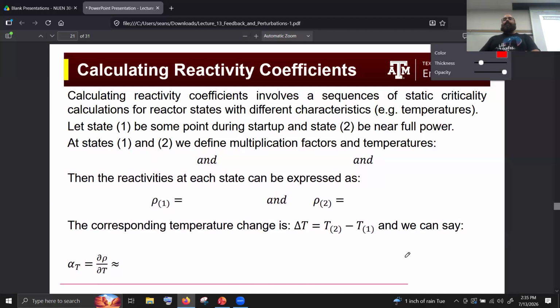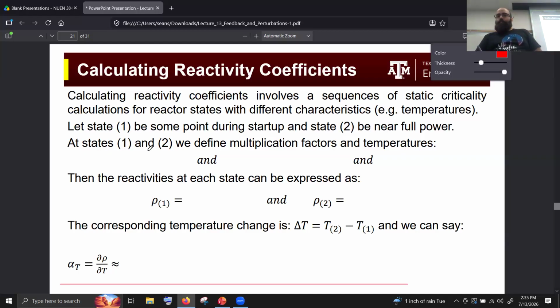So if we wanted to go through a series of step changes to our system, and we knew some information of our reactor at state one, and then we knew some information about our reactor at state two, we could use that information to then approximate what our feedback coefficient would be. So at state one, we know the reactivity and we know the temperature.